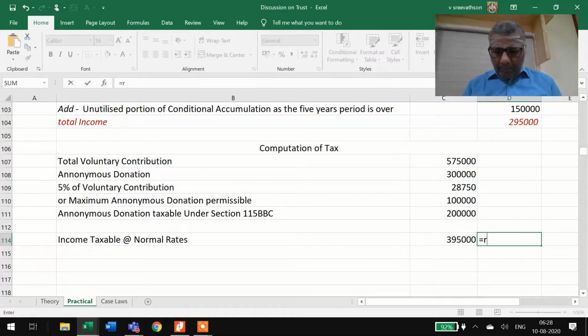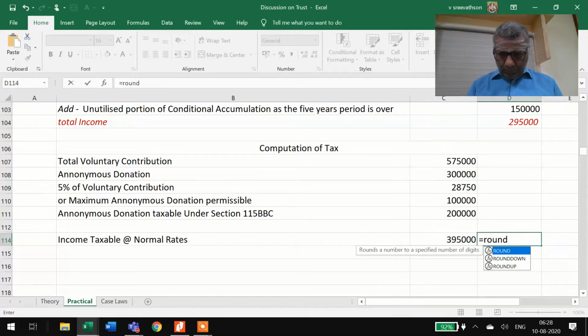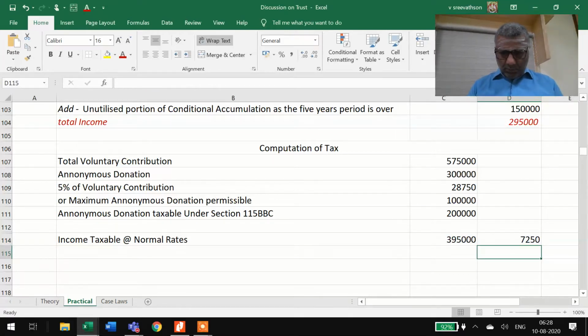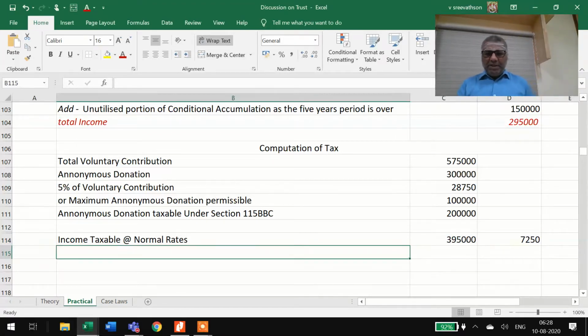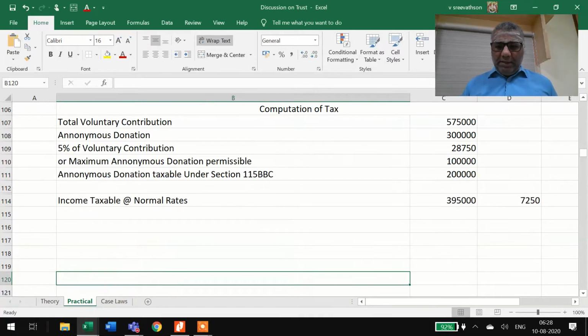Okay. 7,250. That day itself, people answered. If you remember, our friend answered saying that 87A and all is only for individuals. These entities cannot claim.